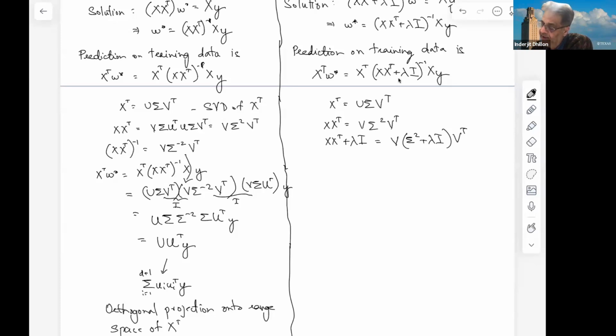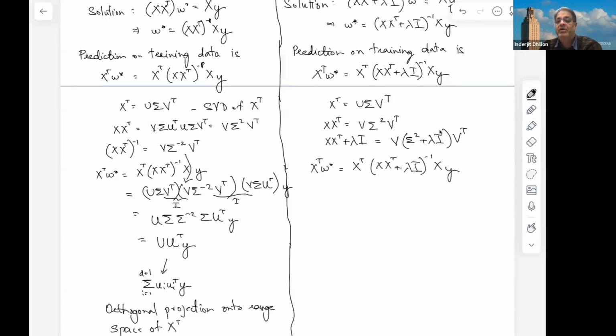Then I look at X transpose W star, which is X transpose times XX transpose plus lambda I inverse times XY. Very similar, except instead of XX transpose inverse, I have XX transpose plus lambda I inverse.